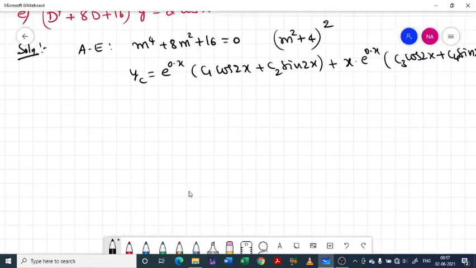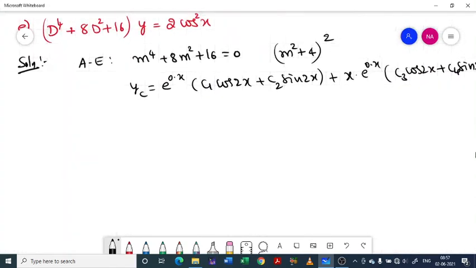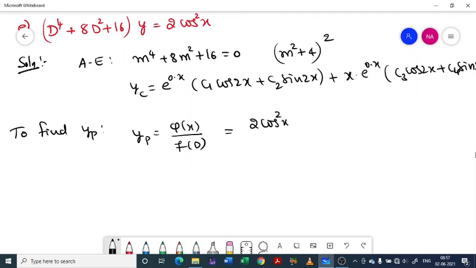Next, to find YP, we have YP equal to phi of x divided by f of d. So that is 2 cos square x divided by f of d, meaning d power 4 plus 8d square plus 16.